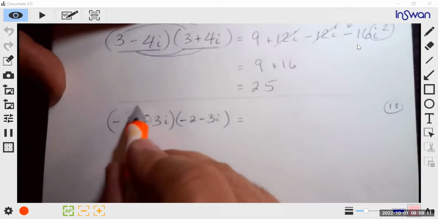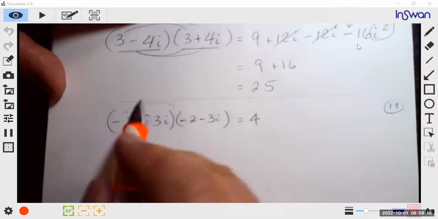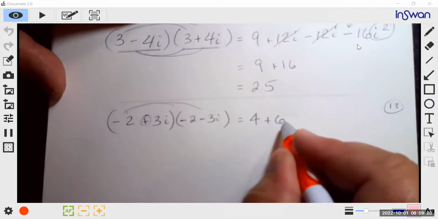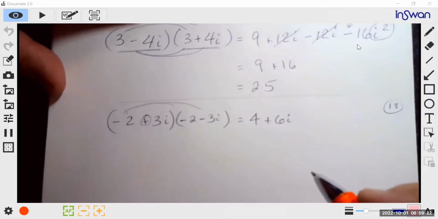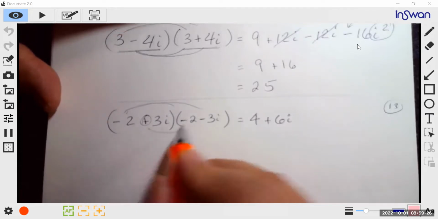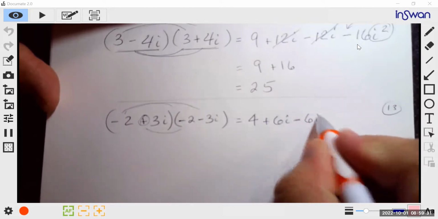So we have negative times negative is a positive. 2 times 2 is 4. Negative times negative is a positive. 2 times 3 is 6i. Next one. Positive times negative is a negative. 3 times 2 is 6i.